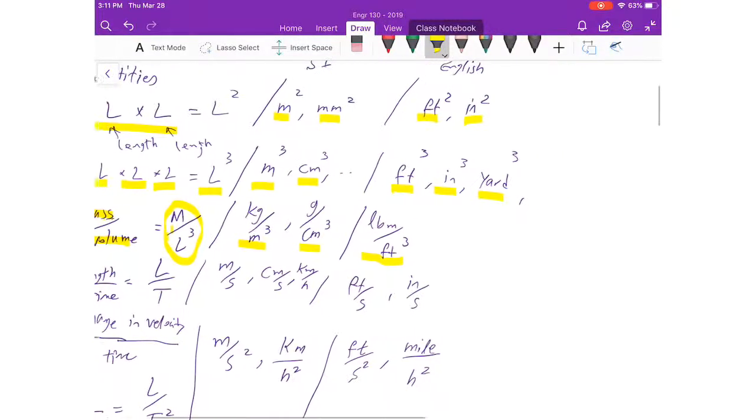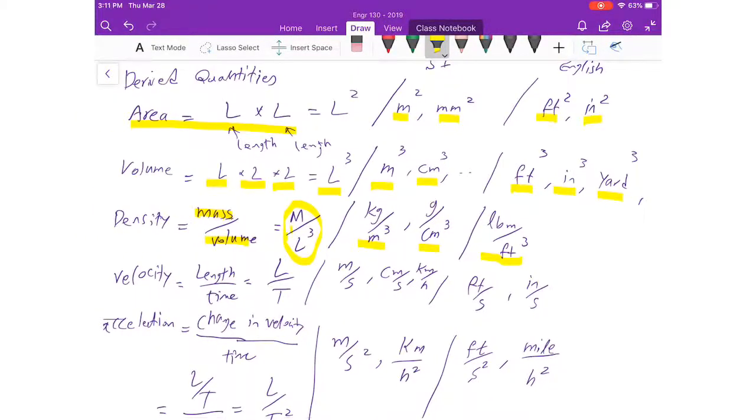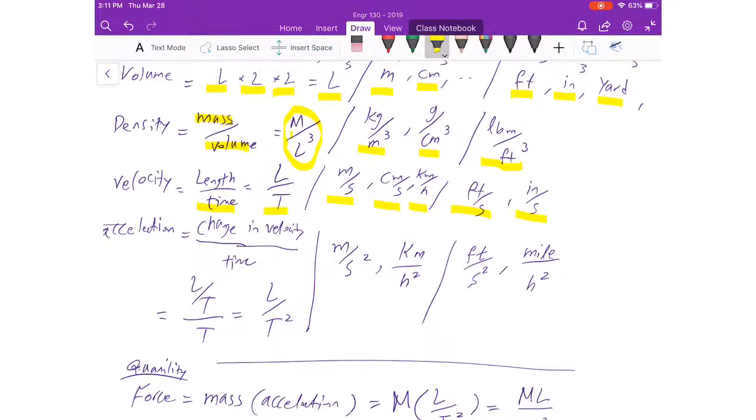The next one is velocity. Velocity is equal to length over time, L over T: meter per second, centimeter per second, kilometer per hour. In the English system it would be feet per second, inch per second, mile per hour. Acceleration is the change in velocity over time.